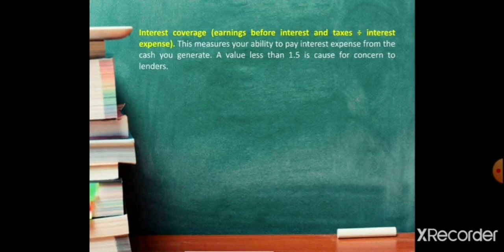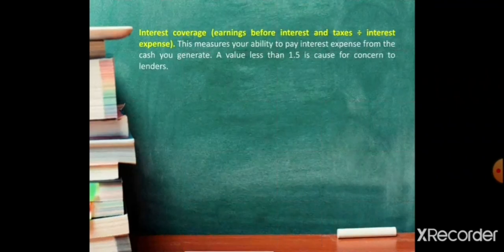Last point, interest coverage: earnings before interest and tax divided by interest expenses. This measures the ability to pay interest expenses from the cash generated by the business organization. A value of less than 1.5 is cause for concern to lenders. It means that the interest coverage ratio is calculated as earnings before interest and tax divided by interest expenses.